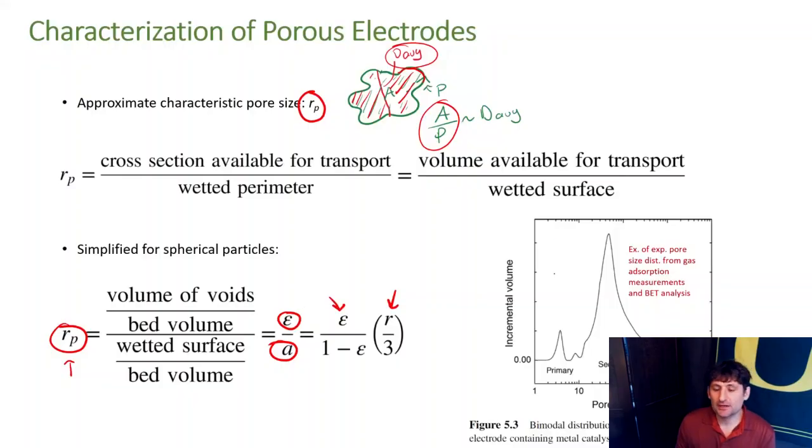From electrochemistry, but another way to get this data, which is used very often ex situ, it's not an electrochemical method, is a gas adsorption measurement. And so what you do is you very carefully evacuate all the gas from a porous solid, and then you carefully dose gas back at very cold temperatures.